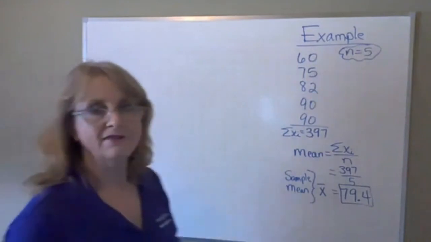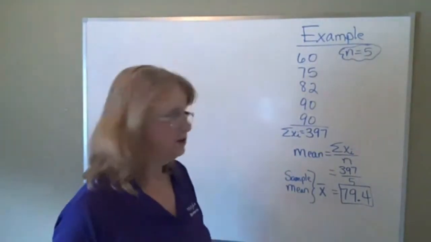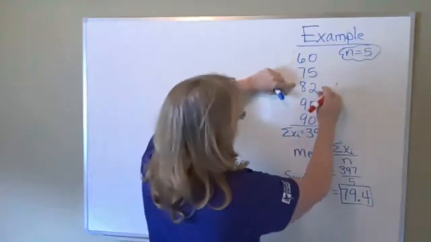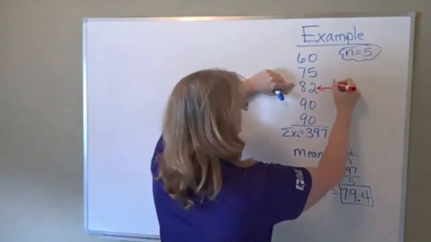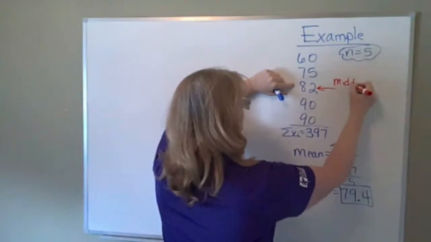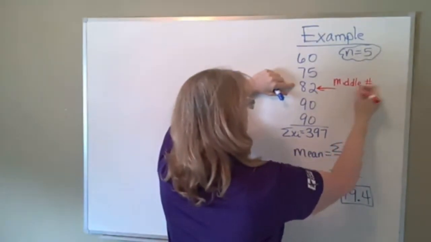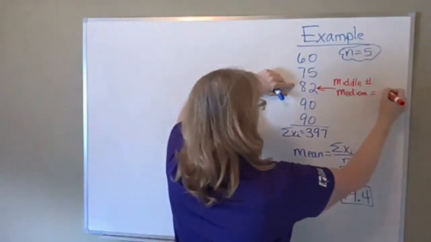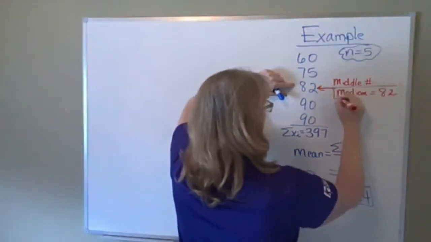I have these data values in order, which means the middle number, and since there's an odd number of numbers, I can see this is the one that's in the middle. So that's the median. So the median is 82.